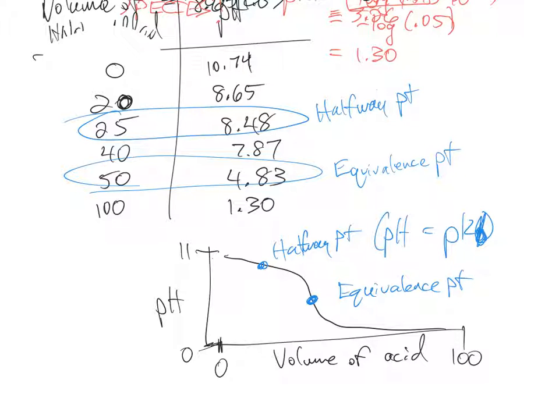And then in the other points of the graph, we've got when 0 milliliters of acid, that's just this weak base solution itself. At 20 milliliters of acid added, that's approaching the halfway point, well into the buffer zone where the pH changes are minimized, where you have at least some weak base and its conjugate acid.